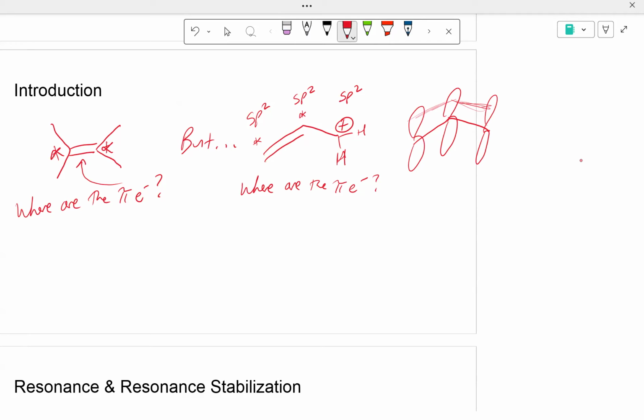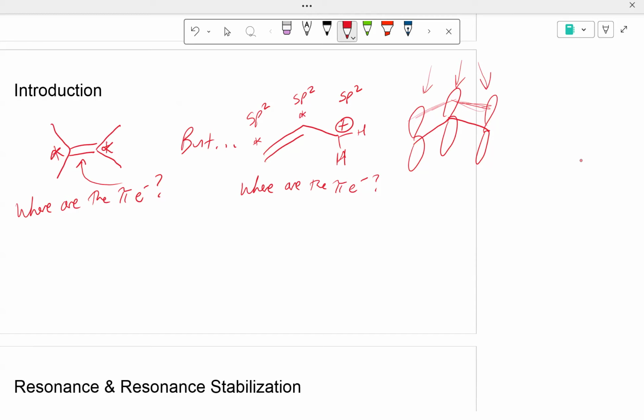So that means that those pi electrons that were supposed to be between the left carbon and the middle carbon, if they're overlapping, maybe those pi electrons could be over here, maybe between these two, or maybe they're shared across all three. So the first structure there doesn't really completely accurately describe this cation.